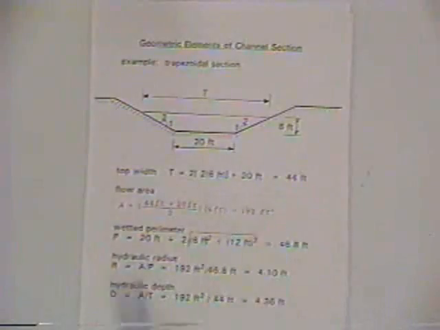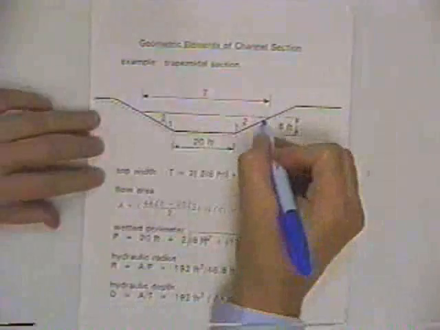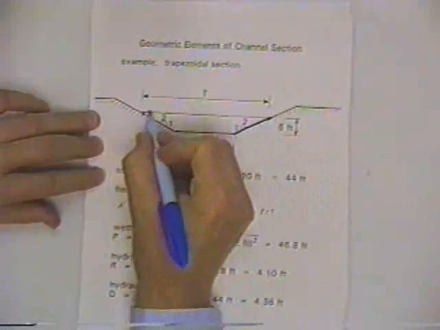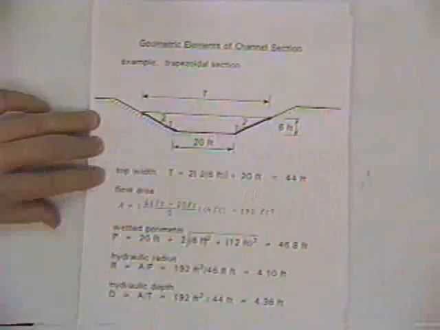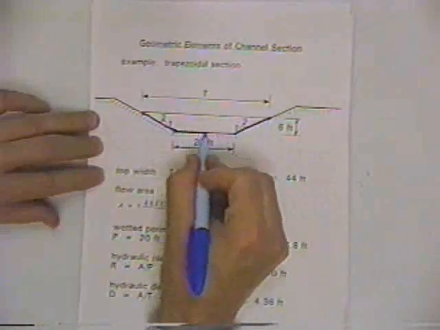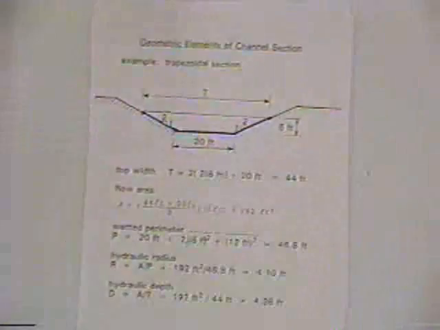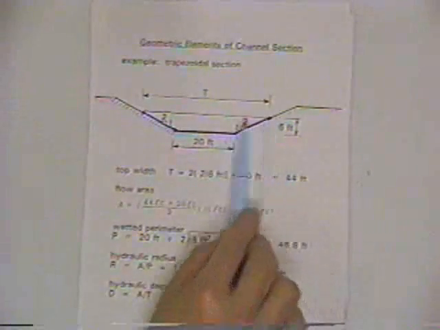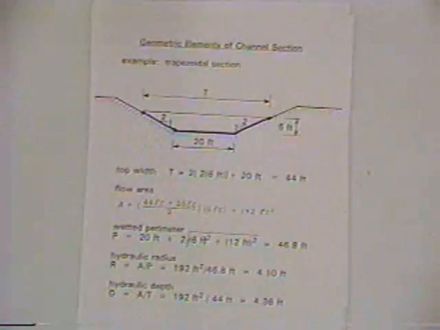Just going to geometry, one definition is wetted perimeter. And here's the wetted perimeter. If you visualize a plane being placed perpendicular through the flow, that would be the intersection of the plane with the boundary of the flow with the container.